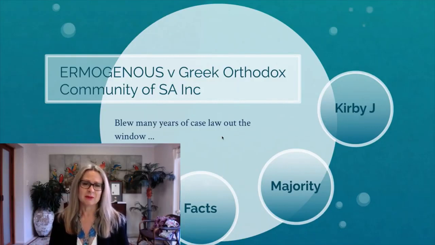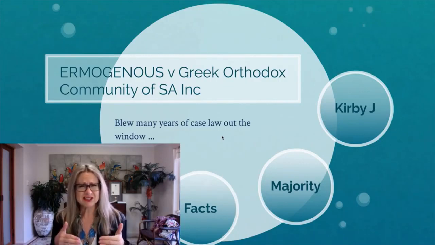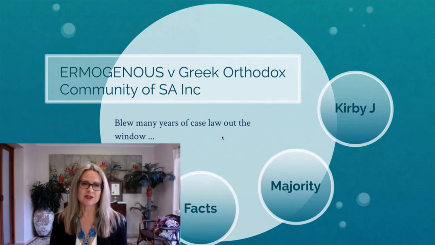Well, the law does change at a glacial pace. It moves forward very hesitatingly, and so it's sometimes reluctant to let go of what's gone before and forge on into a brand new way of doing things, for very good reason.